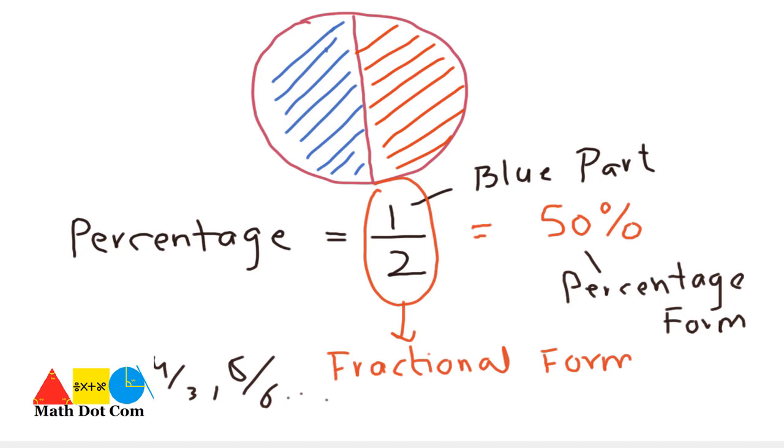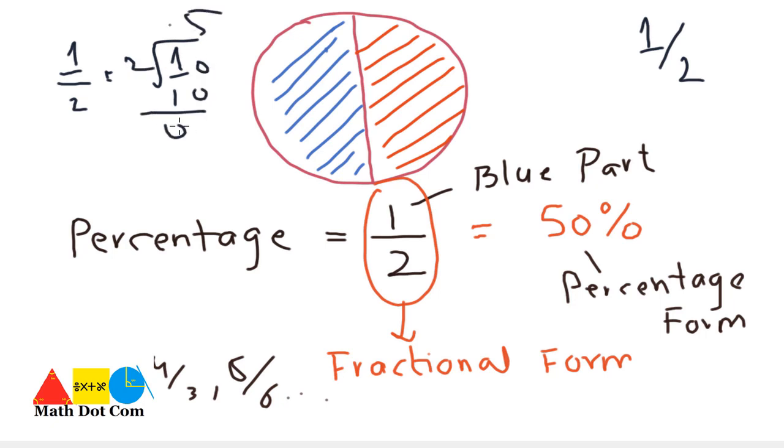Let's find it out. 1 by 2, we will divide it, and it equals 0.5. So 0.5 is the decimal form.